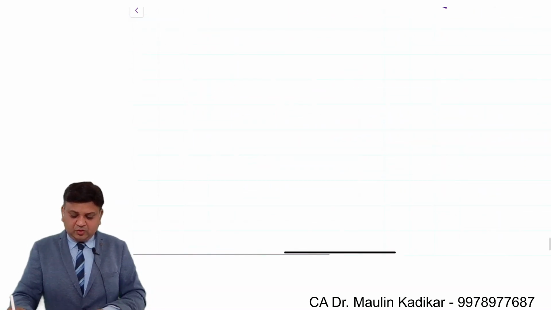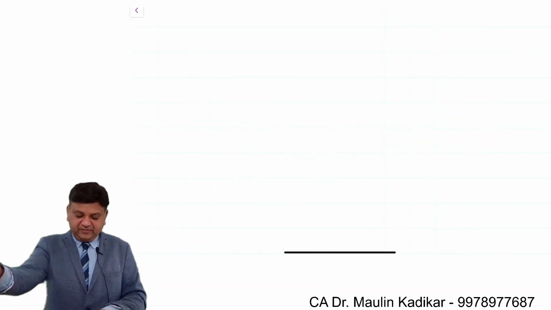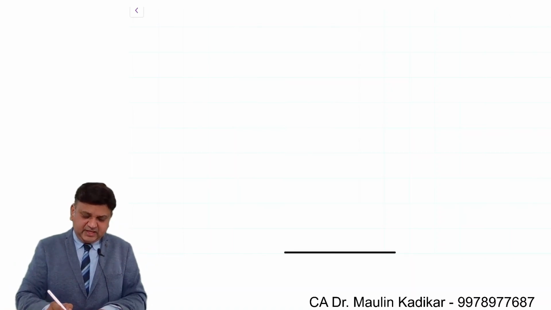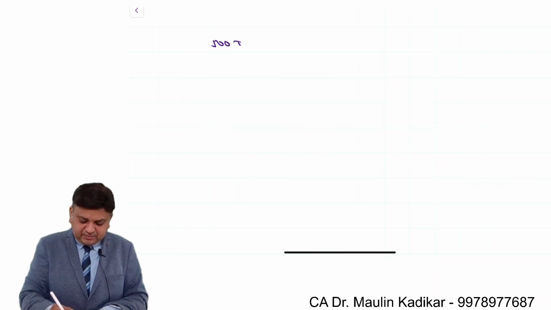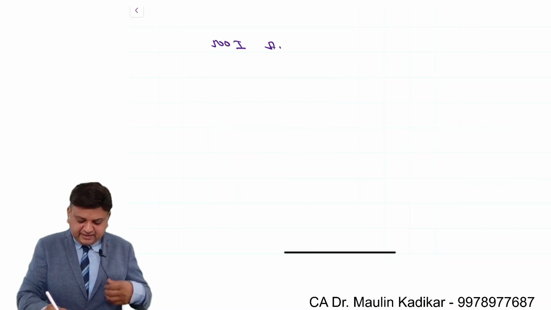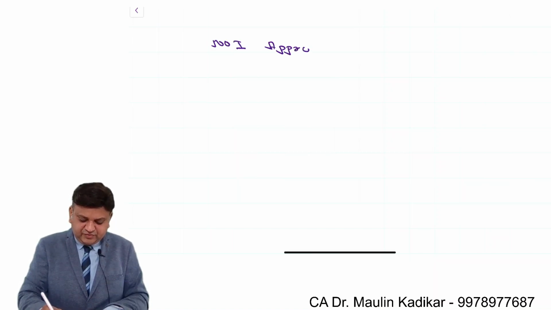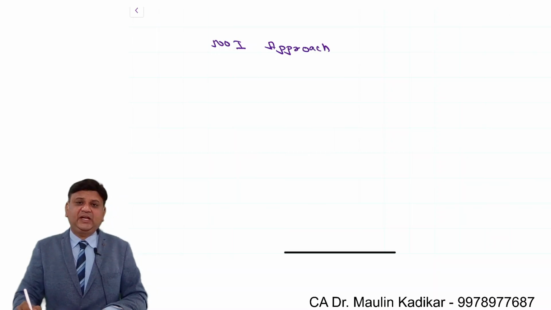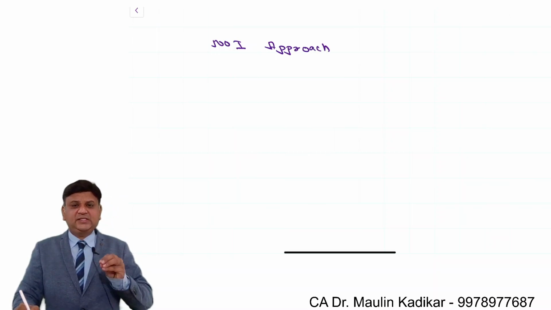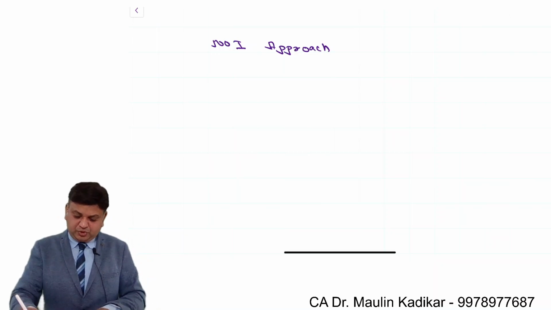To make this calculation, the concept to be applied is related to the net operating income approach, a capital structure theory which we studied at our second level. Let me give you a reminder, an explanation of the net operating income approach.